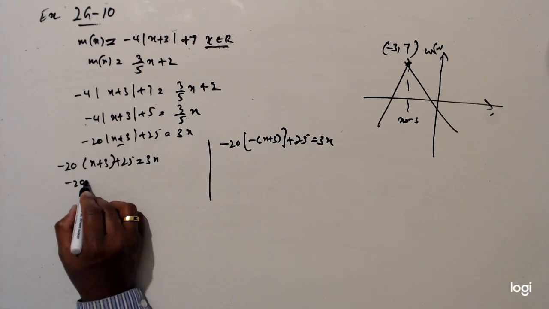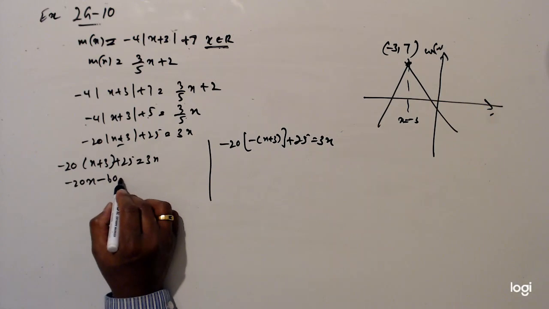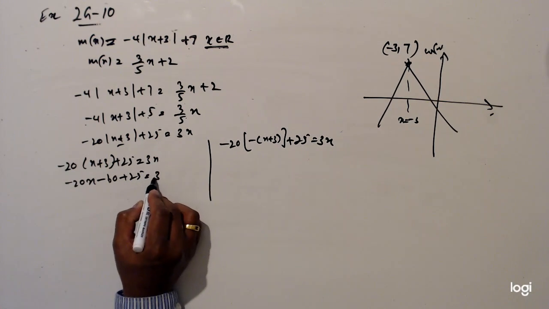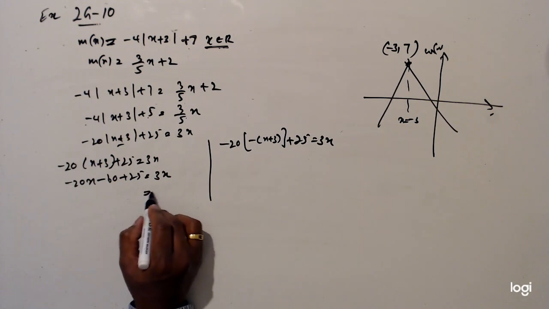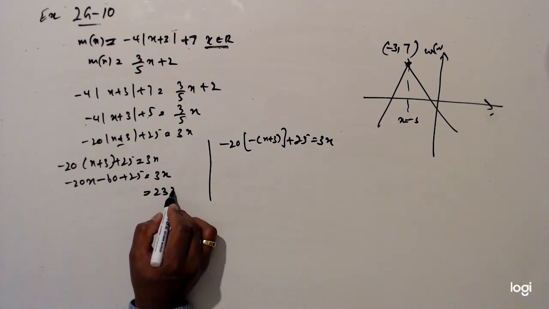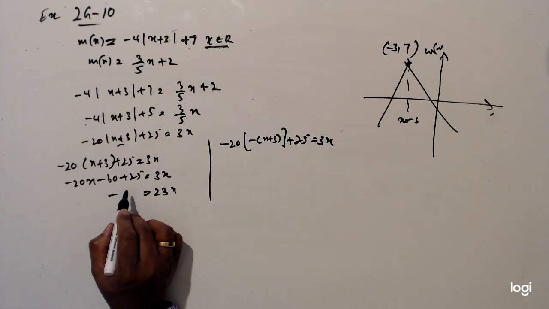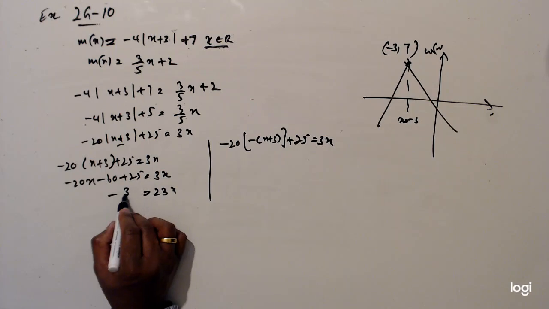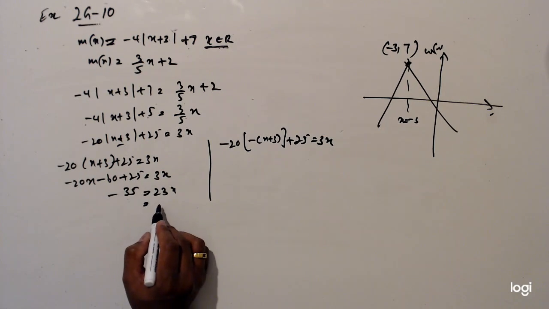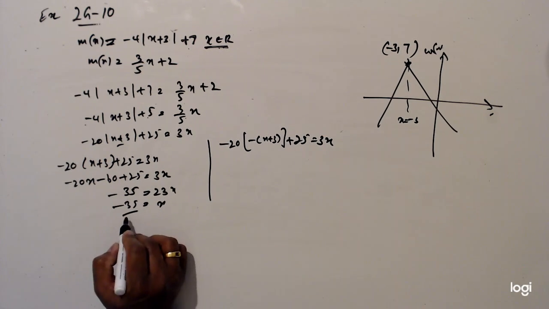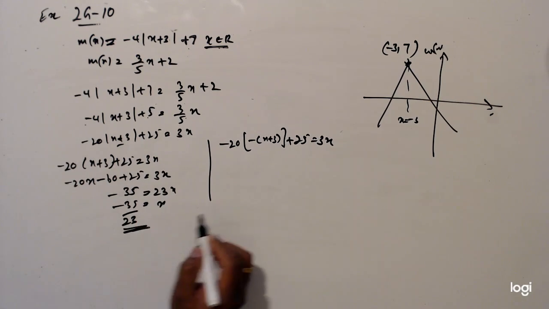So minus 20x minus 60 plus 25 equals 3x. So minus 23x equals 35, so x equals minus 35 over 23.